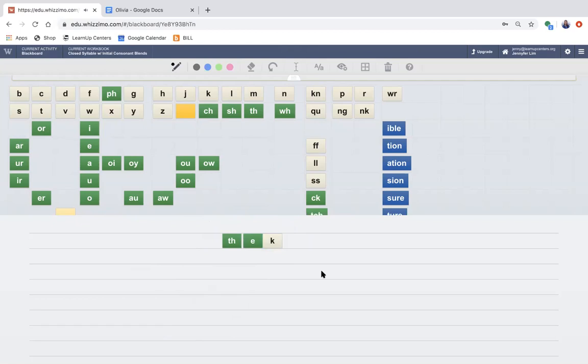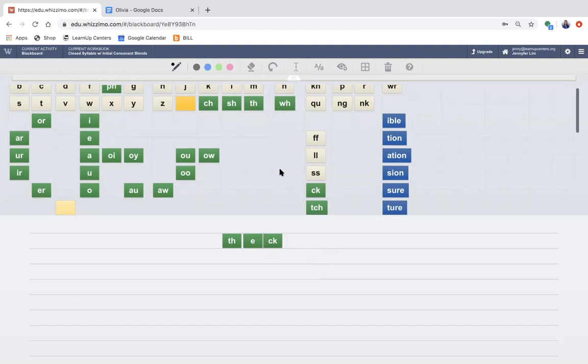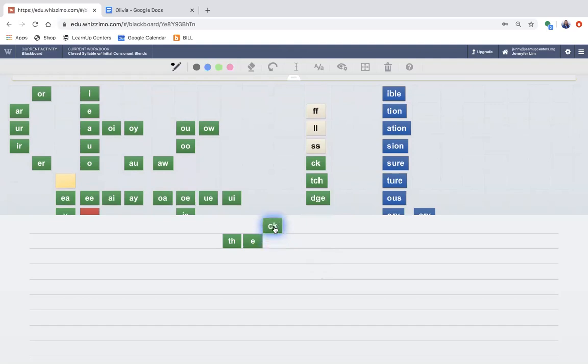Do I need to change something else? You take out the K and put in a CK. Good job. Because the vowel is by itself, right? The Hangul rule. Next word I want is fedge. You take out the CK and put in a DGE. Good job. And what does this say?